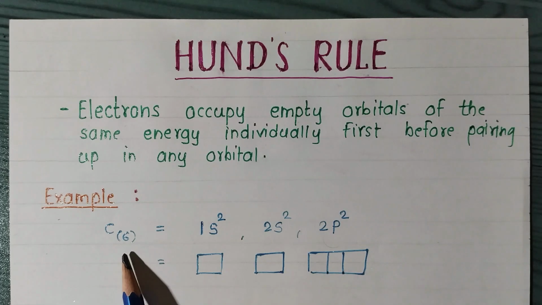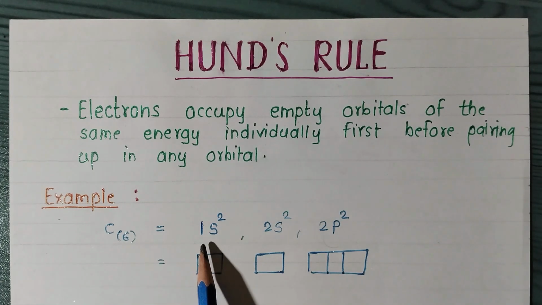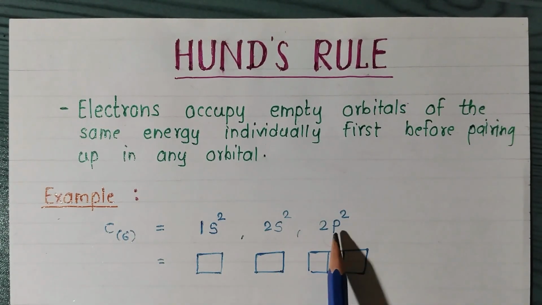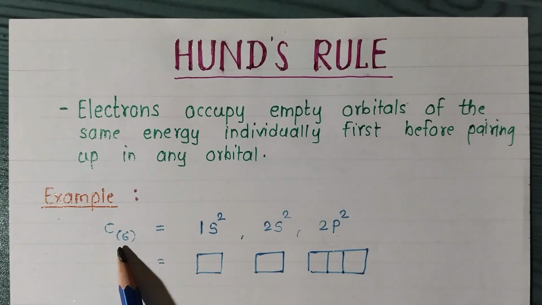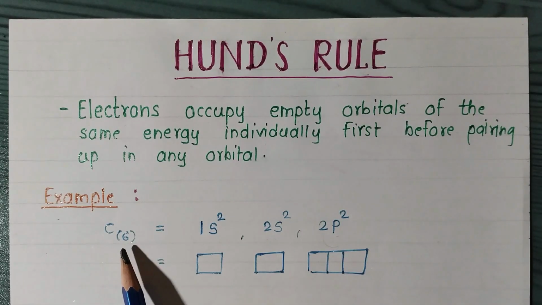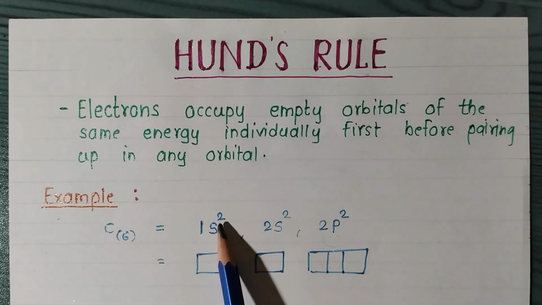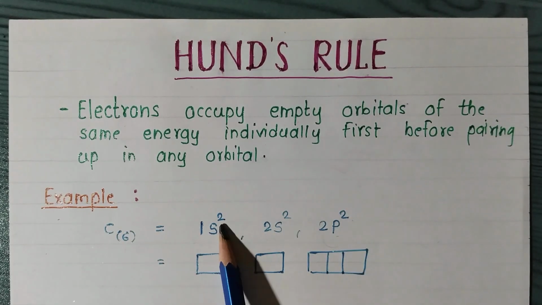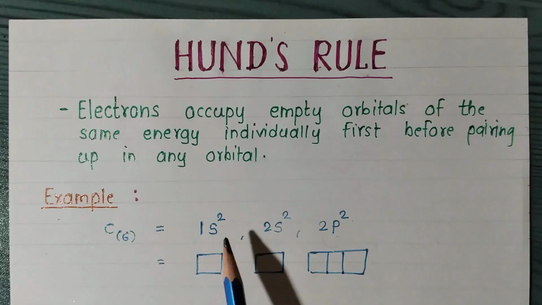So when we write the electronic configuration of carbon, we can see this is 1s2, 2s2, 2p2. Carbon has atomic number 6, so the number of electrons is also 6, and we write 6 electrons in the electronic configuration in this way: 1s2, 2s2 and 2p2. 2 plus 2 is 4, plus 2 is 6.